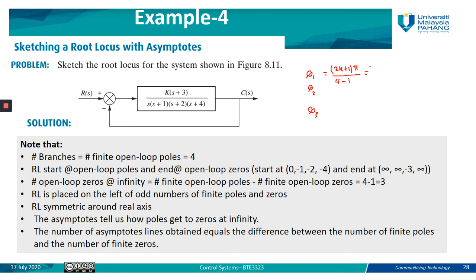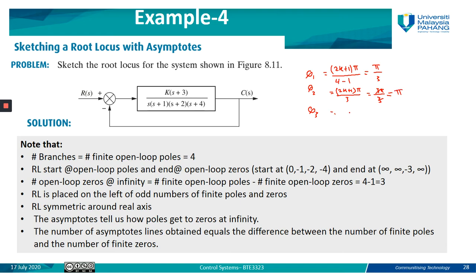When k equals 0, the first value of k, it will be pi over 4 minus 1, which is 3. The second will also be (2k plus 1) pi over 3. With k equal to 1, it will be 2 times 1, which is 2, plus 1, so it will be 3 pi over 3, which gives the value pi.